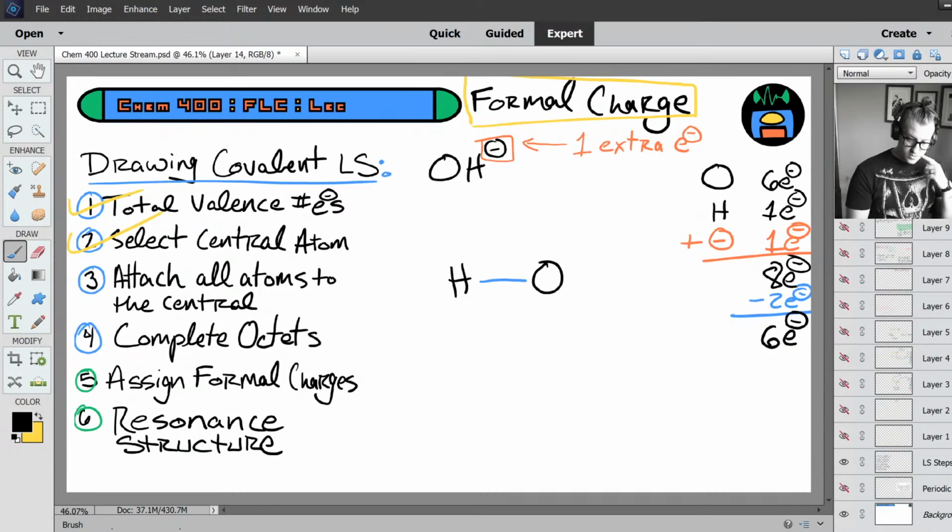Now we've done steps 1 through 3. We need to complete our octets. Hydrogen is totally fine. It has access to 2 electrons, which is what it wants because its nearest noble gas is helium. Oxygen, on the other hand, needs 8 valence electrons, and we have 6 electrons left in our budget.